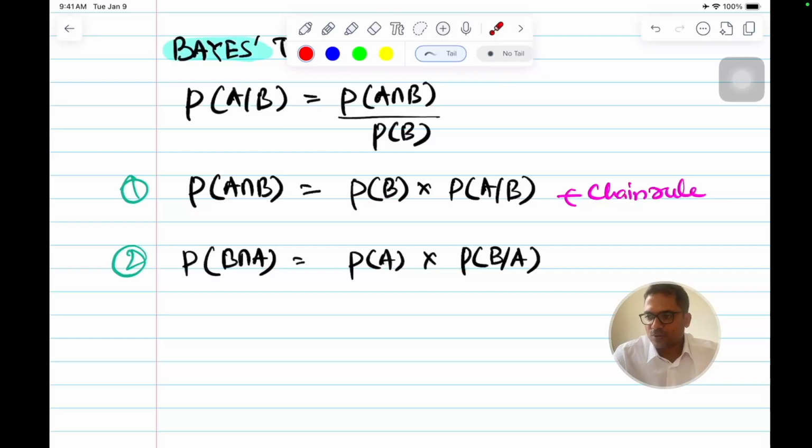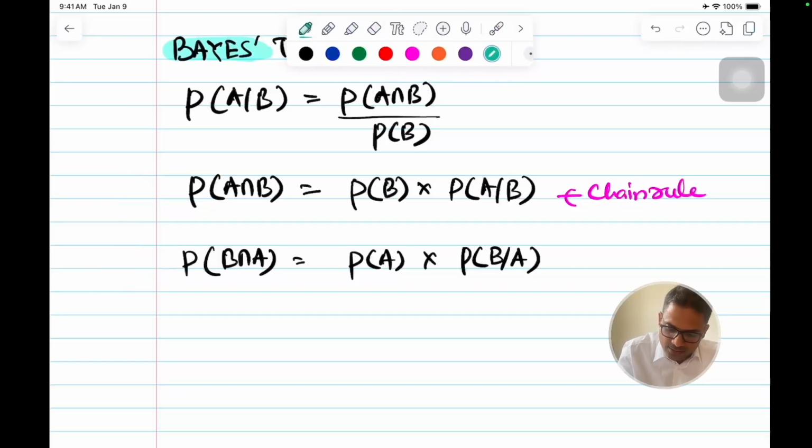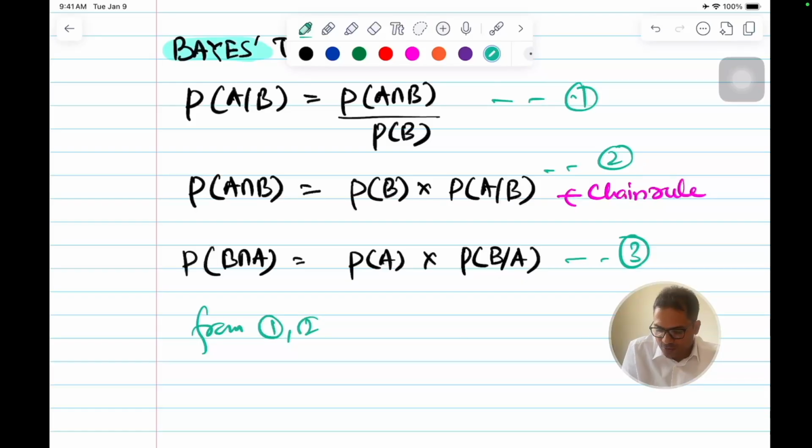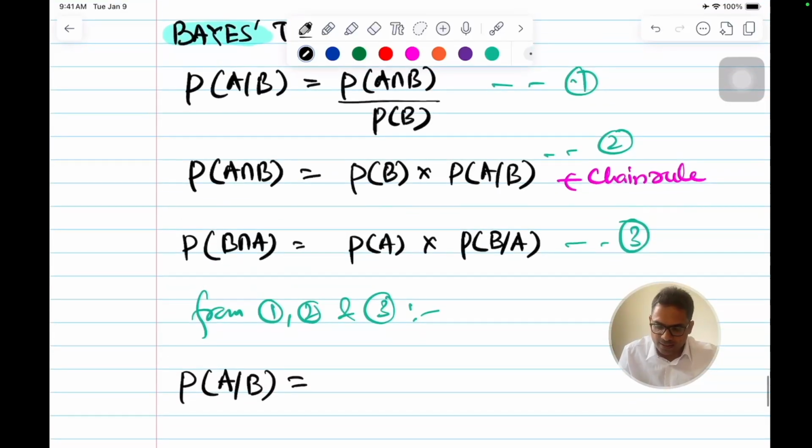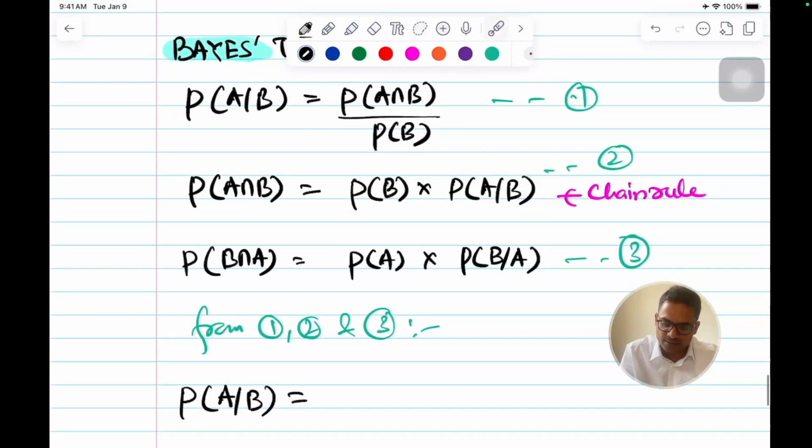Now let's refactor this. I'll write the equations as we do in our maths. So this is my first equation, this is my second equation, this is my third equation. From 1, 2 and 3, what can we say? Let's rewrite. We want to write probability of A given B. Now how can we write A intersection B?